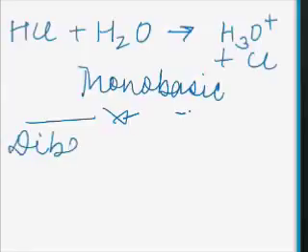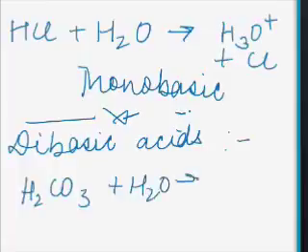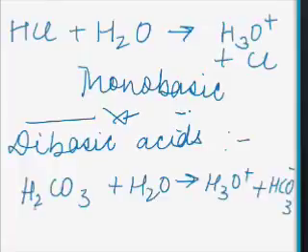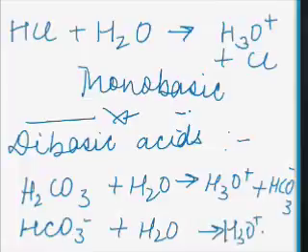Dibasic acid H2CO3, when it reacts with water, will form H3O+ and HCO3-. And HCO3-, when it reacts with water, will form H3O+ and CO3 2-. So they ionize in two steps.